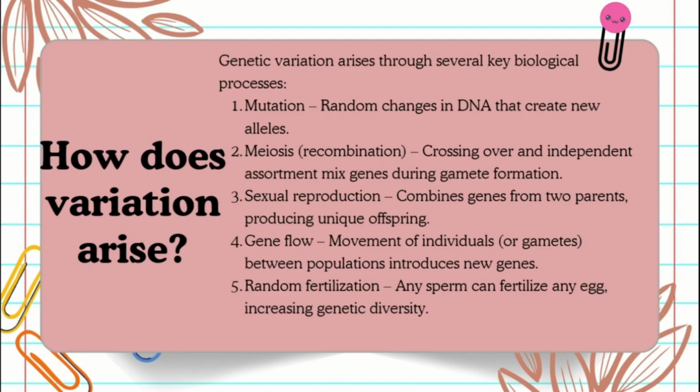Then we have meiosis, and we know that meiosis only happens in sexually reproducing organisms, right? Just like how in cell division we say that mitosis happens in somatic cells, meiosis only happens in sex cells, and there are two important processes within meiosis that allow for this variation. The first is crossing over.